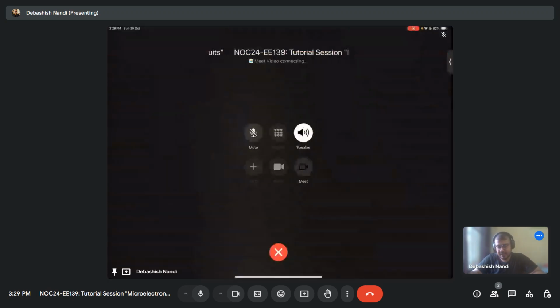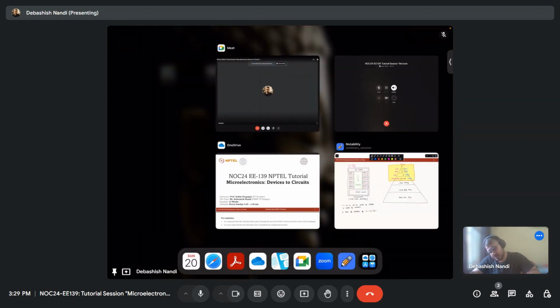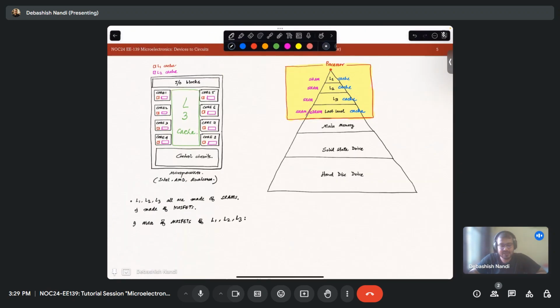So if you have guessed that L1 cache has the largest size of the transistor, you are absolutely right. That is because layer 1 cache is directly very close to your core, or the ALU of the core. So it has to be the fastest. So L1 is fastest.